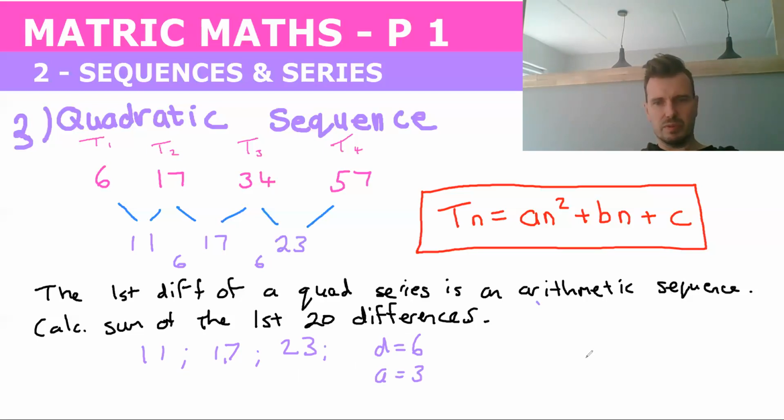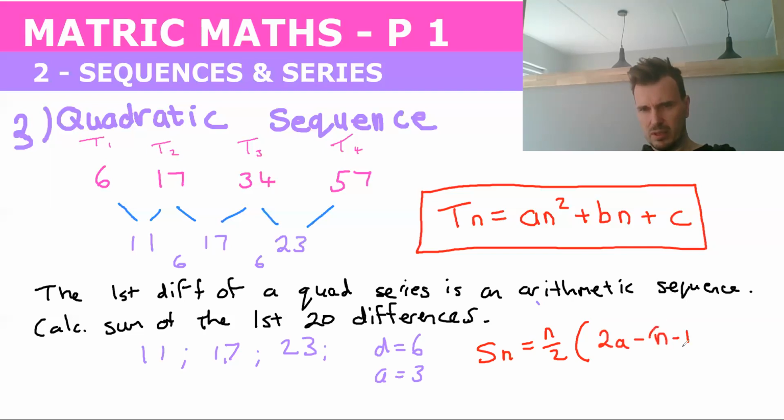And so you could simply just use the formula for the sum of an arithmetic series, which is n over 2, what is it? 2a plus n minus 1 times d, I think. And you've got your a, and you've got your d.